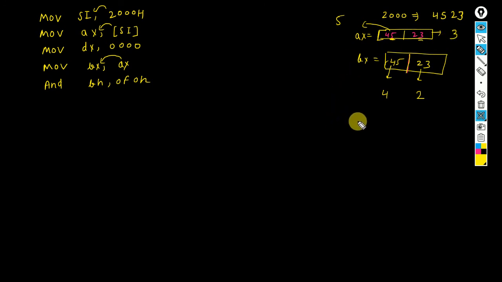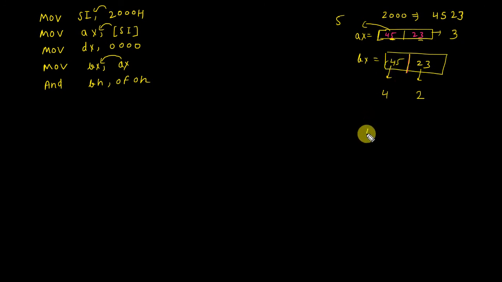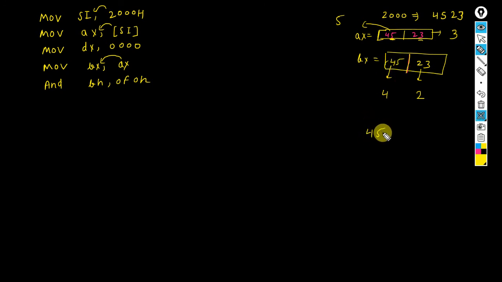For extracting, we simply write this number. Suppose here we extract 4 from the BH register, so this is 45. In this case we take an AND operation. Here we use the masking concept.